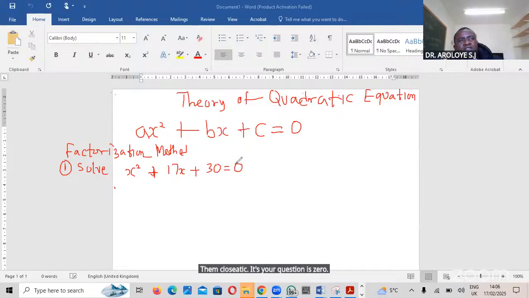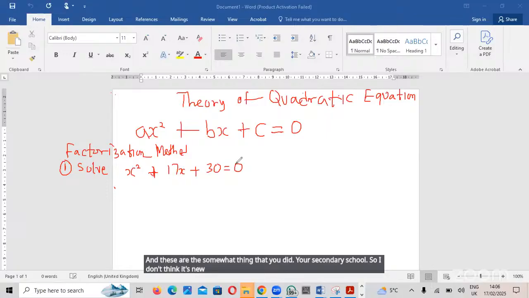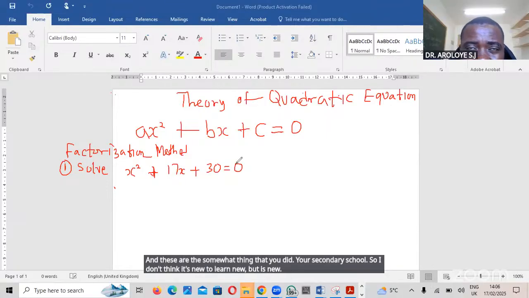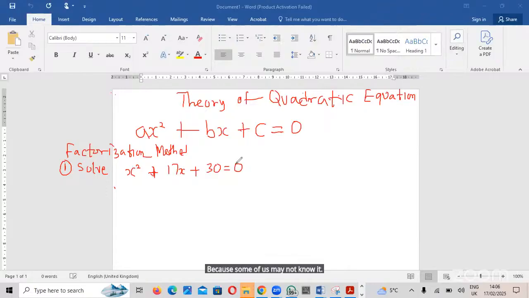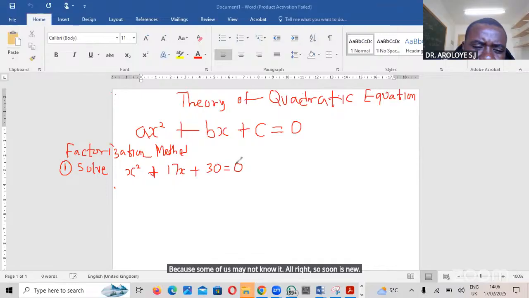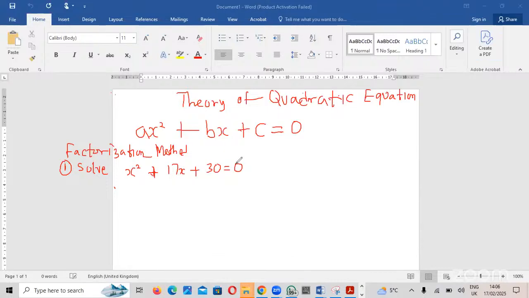I know that these are some of the things that you did in secondary school, so it's not really new, but I will assume that it's new because some of us may not know it. So how do you solve this? x squared plus 17x plus 30 is equal to 0.